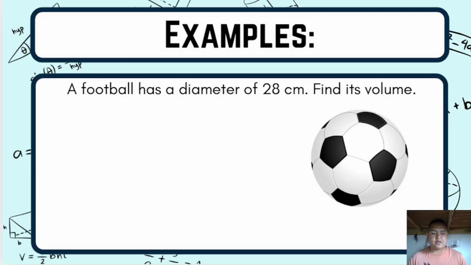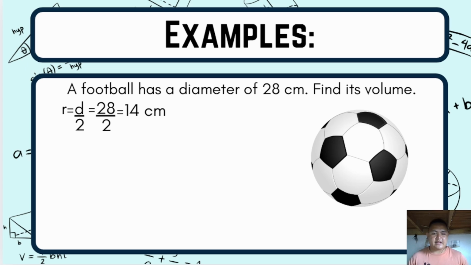So in this equation, first we are gonna find the radius. So the formula for radius is equals to diameter all over 2. So our diameter is 28. So let's put 28 all over 2. So 28 all over 2 is equals to 14 centimeters. So that is our radius.